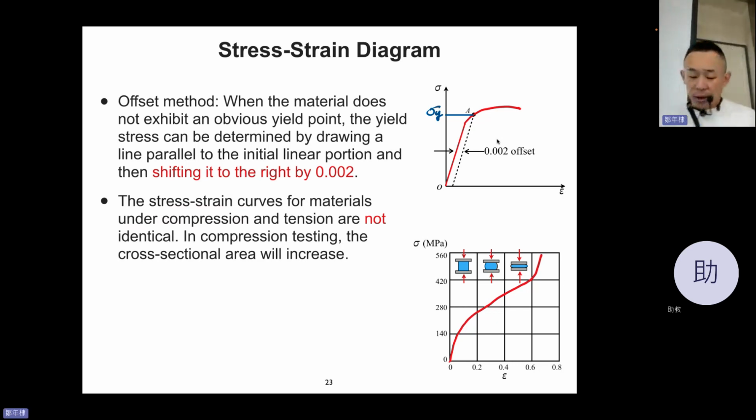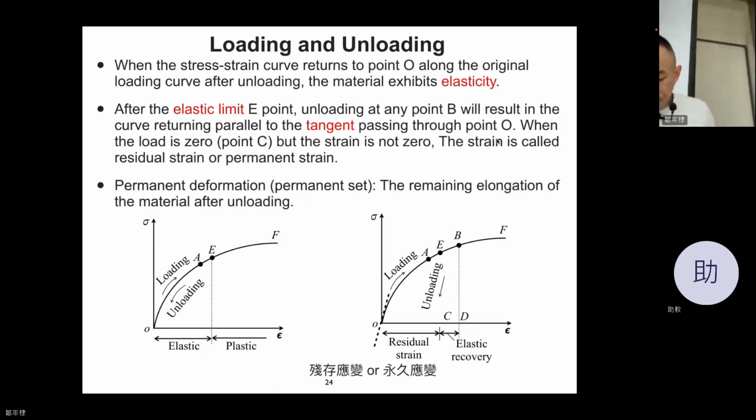Now we are going to talk about loading and unloading. When the stress strain curve returns to the original point O along the original curve after unloading, it means the material exhibits elasticity. They are in the elasticity region.